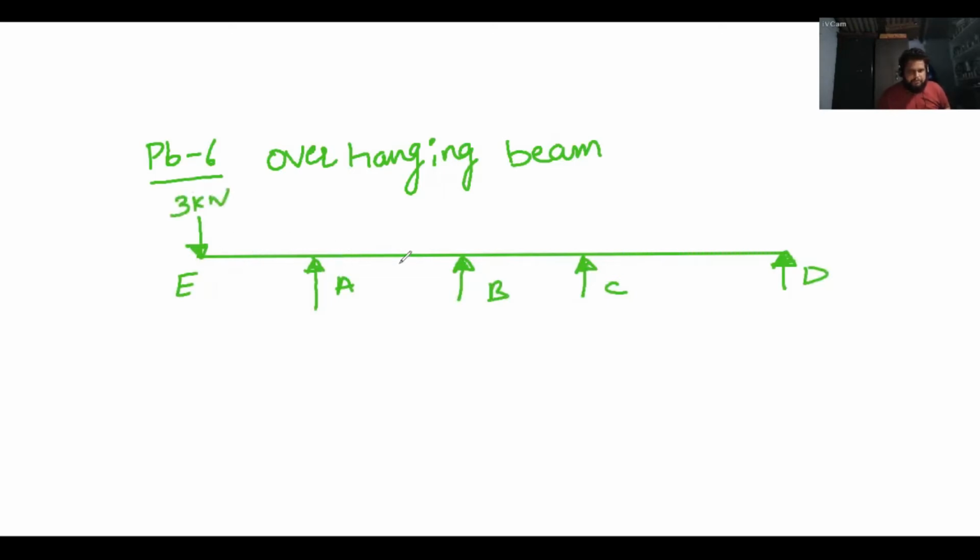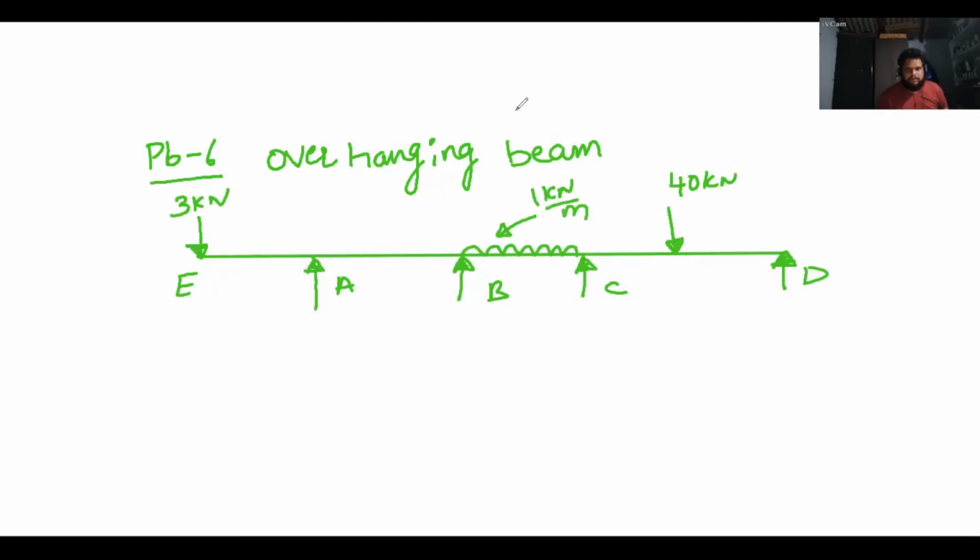In the AB span there is no loading. In the BC span there is a UDL, and in the CD span we have one more loading, that is 40 kilonewtons, and the loading intensity is 1 kilonewton per meter.